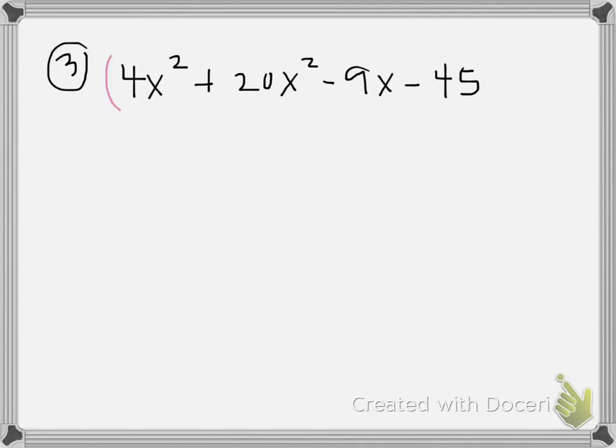There are 4 terms, so I will be grouping. In the first grouping, what can you factor out? You can take out a 4 and, oops, I'm sorry. This should be an x cubed.